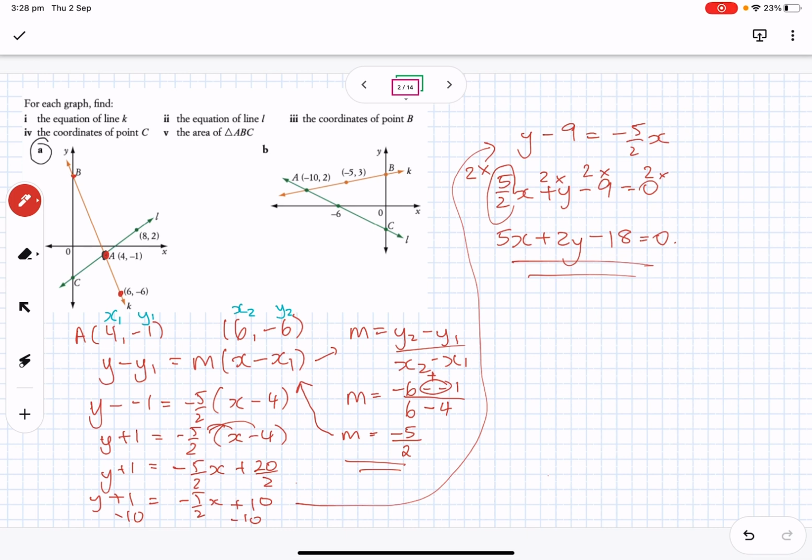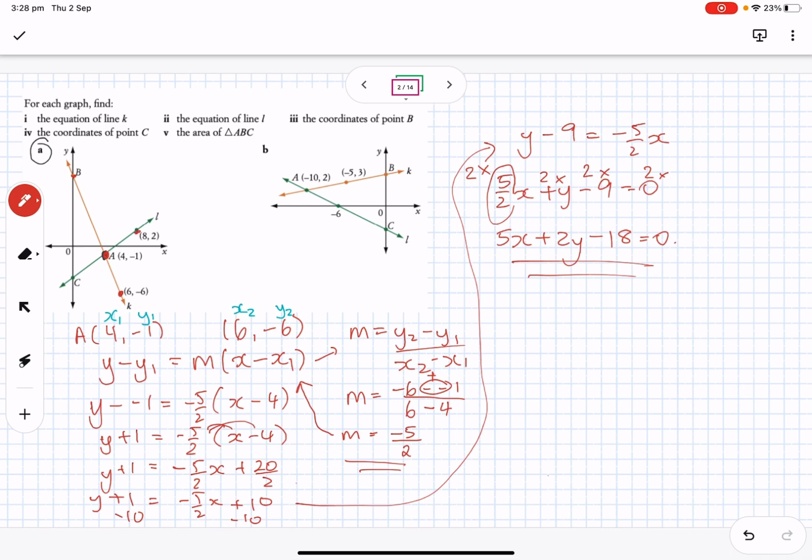I'll just quickly check that that's all correct according to the solutions that I've given you guys. Yep, that's exactly what it is in the solutions. Okay, so you do the same sort of process for line L using these 2 points.